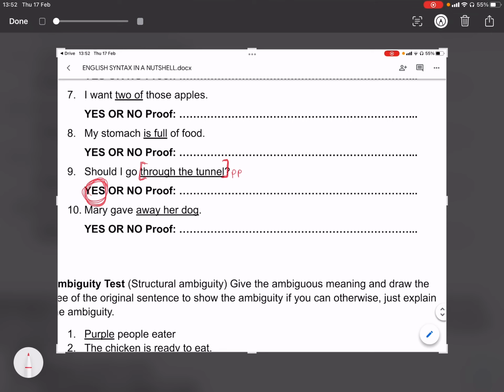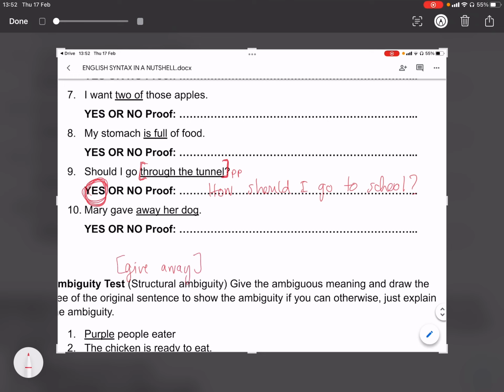And you can test it with how. How should I go to school? Should I go through the tunnel? Mary gave away her dog. So usually give away something, right? You give something away.